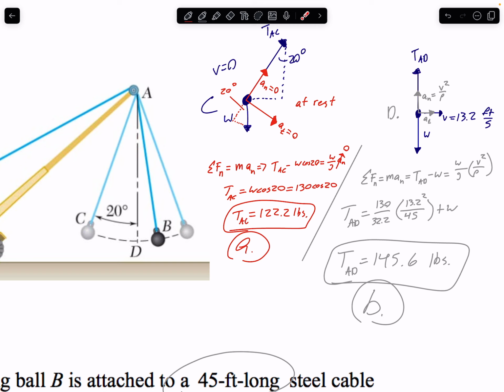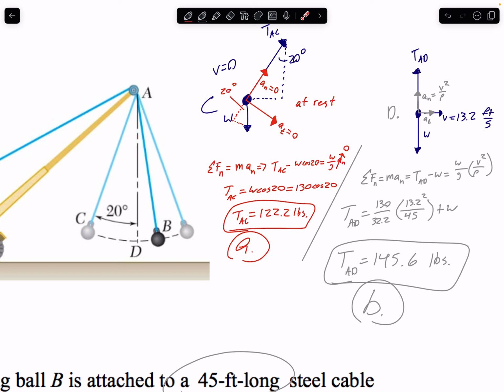Both are completely in line with normal acceleration. Nothing in line with tangent acceleration, so that is going to be equal to 0, but that actually doesn't matter here because no forces are in that line.